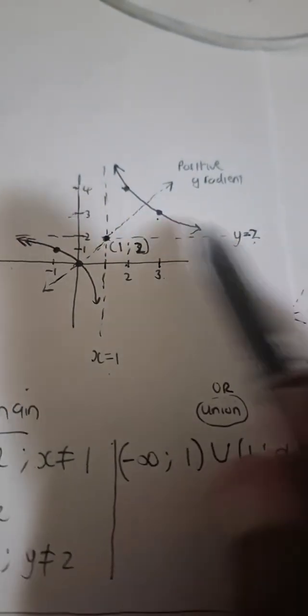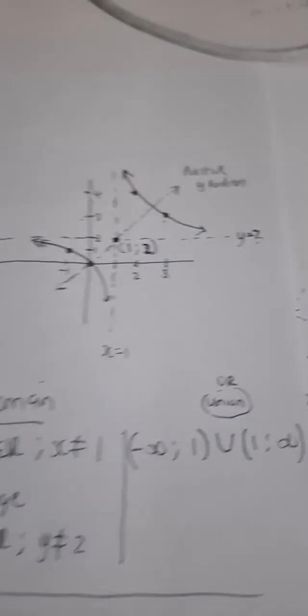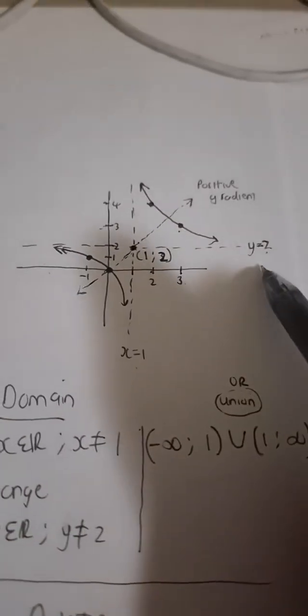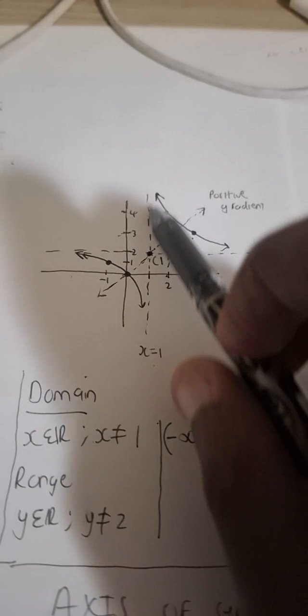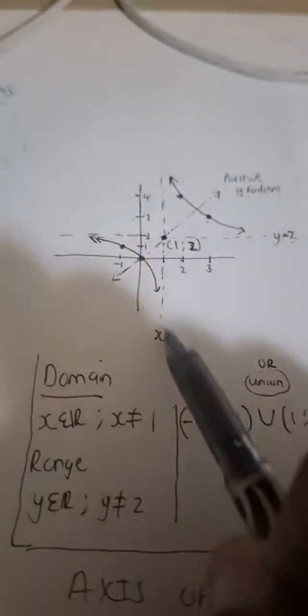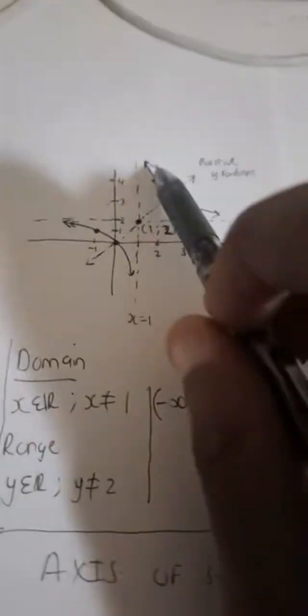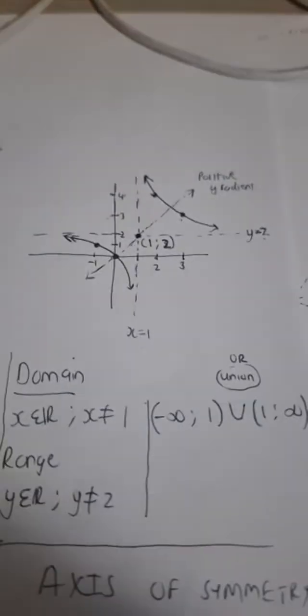This is positive 2, so it's 1 and 2. My bad. The x coordinate comes from the vertical asymptote. The y coordinate comes from the horizontal asymptote, because everywhere along this line, y is equal to 2. Everywhere along this vertical line, x is equal to 1.